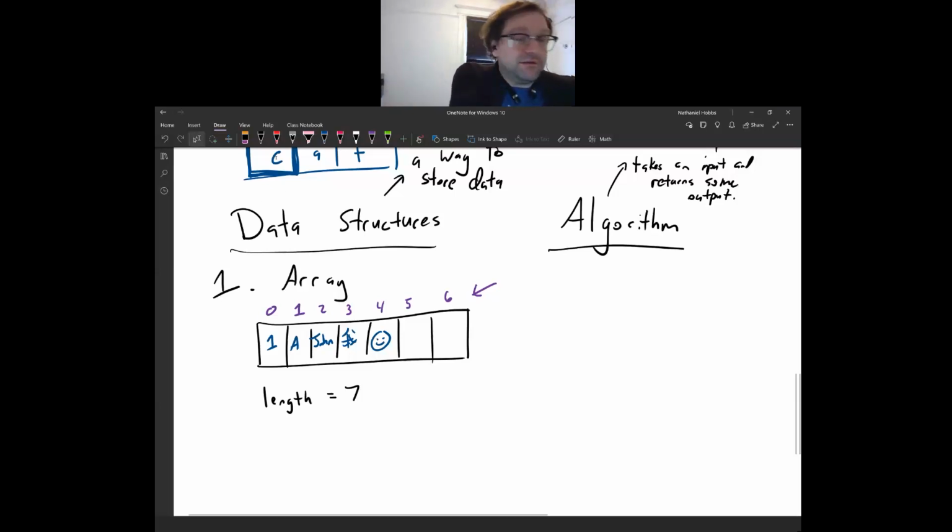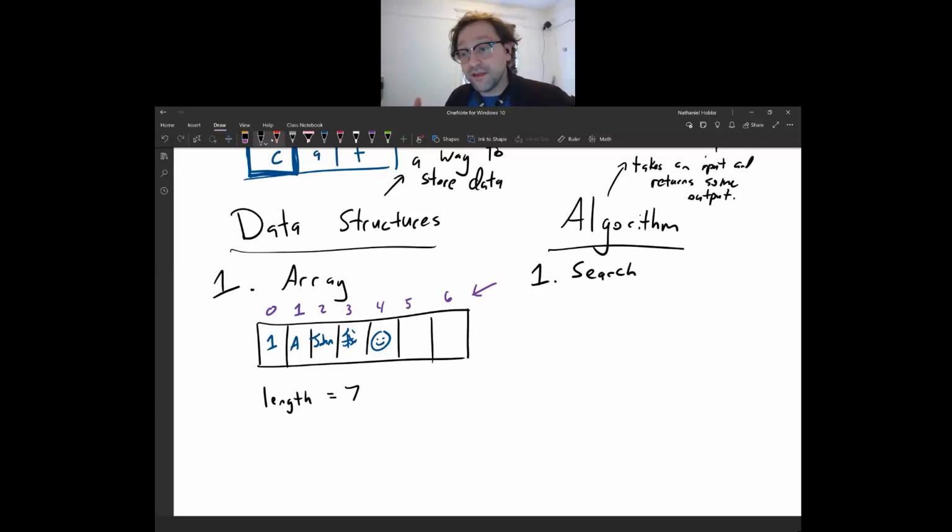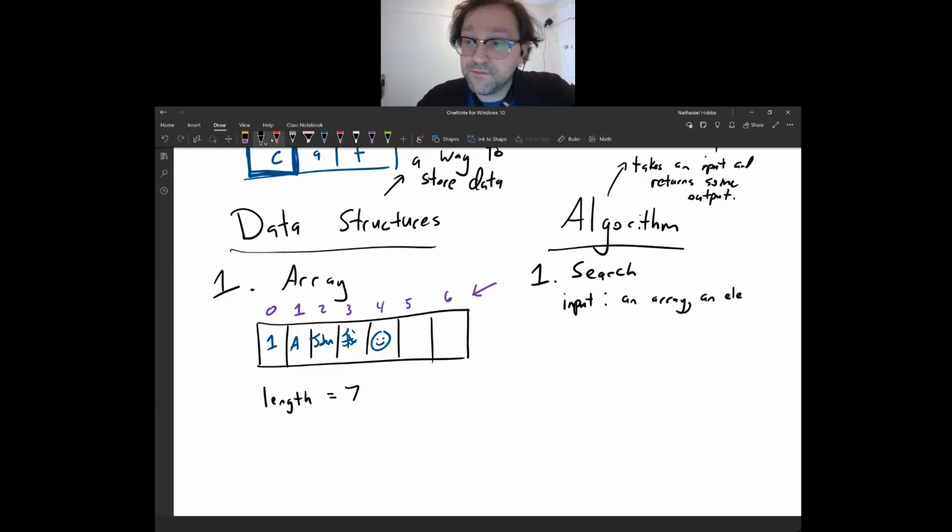A classic algorithm to start with is search. Okay. How do you find if something exists? So the way that this works here, because it's an algorithm, it has an input and an output. So here, input is going to be an array and an element.